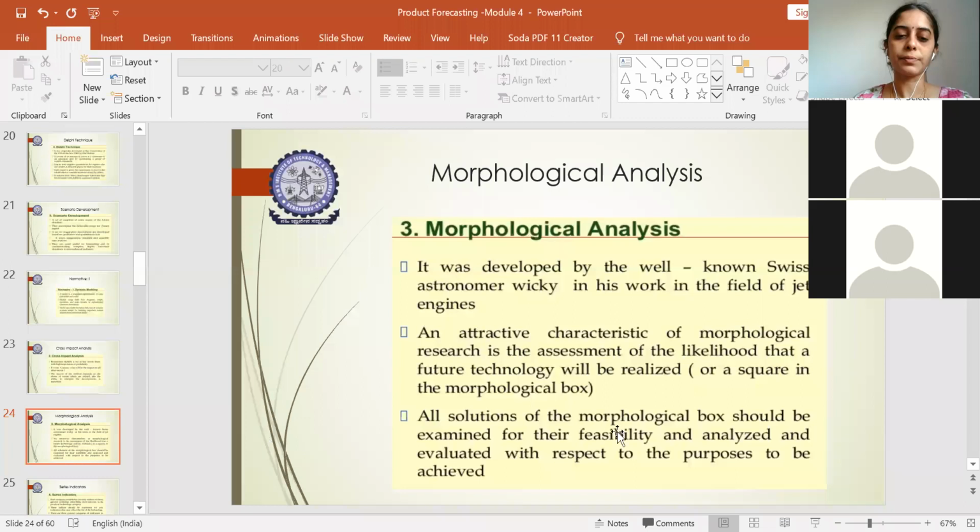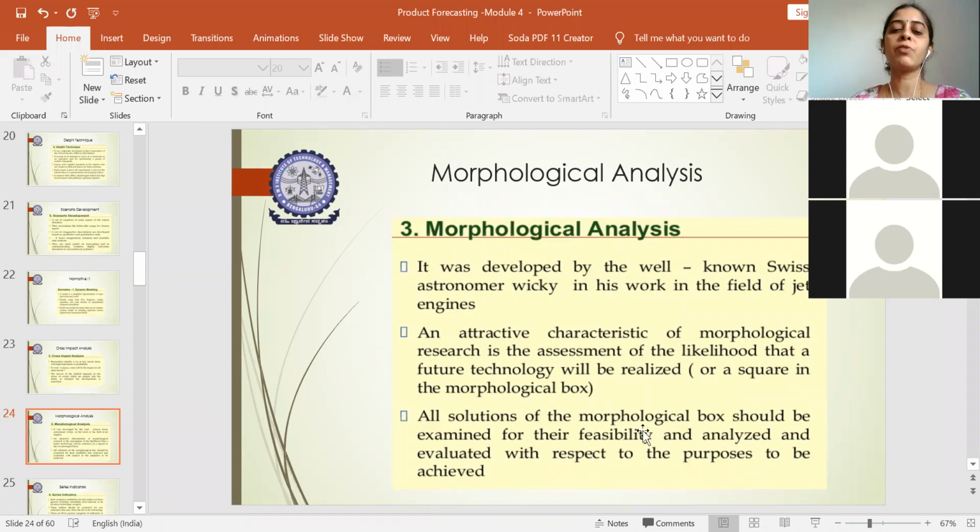Next, all solutions of the morphological box should be examined for their feasibility and analyzed and evaluated with respect to the purpose to be achieved. So you'll have different morphological boxes for different sections of the material used and for different functional characteristics as well as structural characteristics.